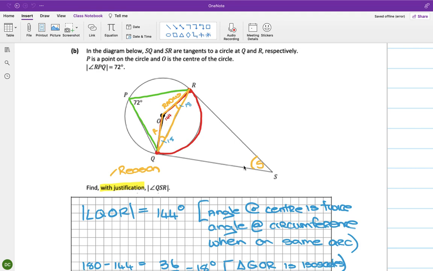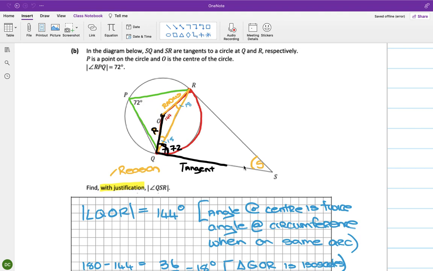What is this? A tangent. What is that? A radius. How do tangents meet radii? At 90 degrees. So if the little yellow bit is 18, what's the next bit? 90 minus 18, which is 72. So this bit is 72.